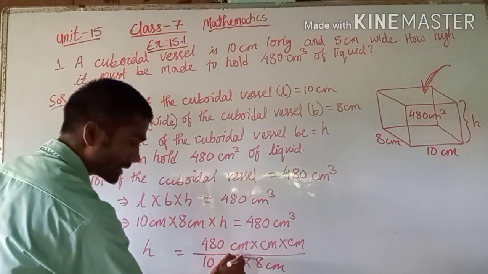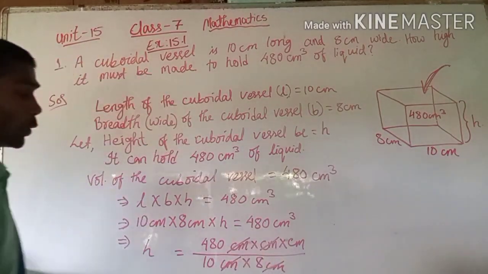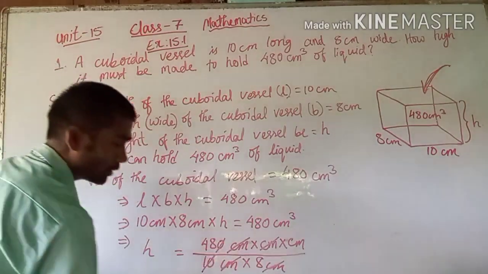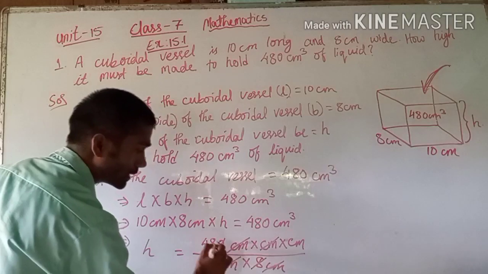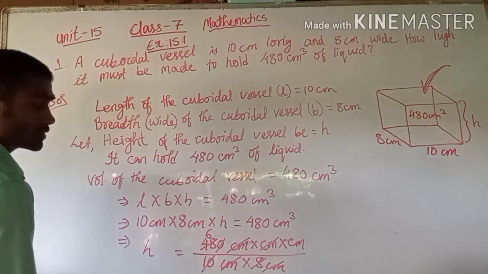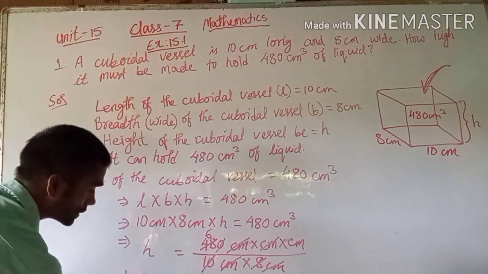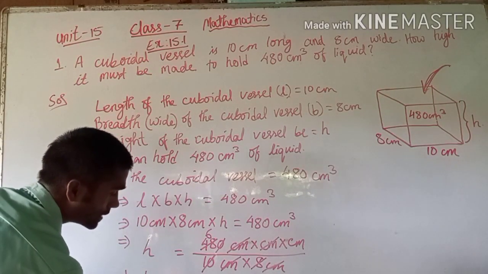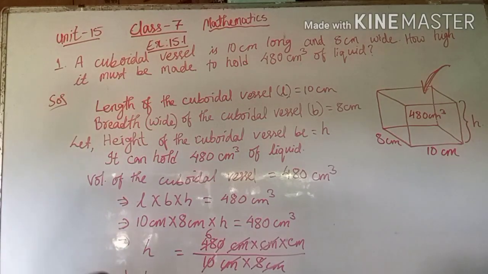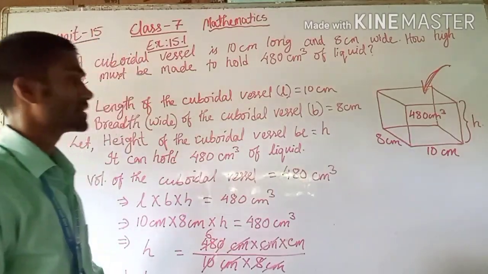Now we can cancel this centimeter, and we cancel the 0 and 0, and here also we can cancel 8: 6 eights are 48, so we can cancel 8 and 48. So we got H is equal to 6 centimeter. So we got the height of the cuboidal vessel, that is 6 centimeter.